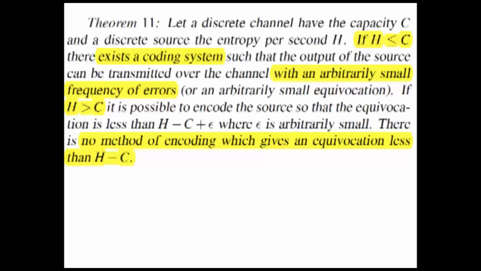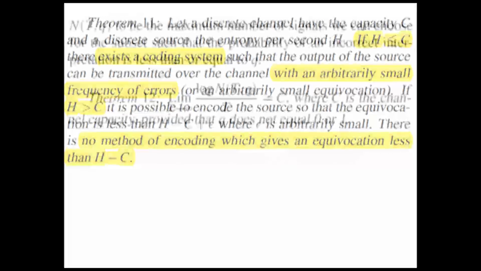If H is greater than C, then he says it is possible to encode the source so that the equivocation is less than H minus C. But there is no method of encoding which gives an equivocation less than H minus C. Okay, this converse is kind of trivial, right? Because he is defining the capacity as the difference between H and the equivocation.